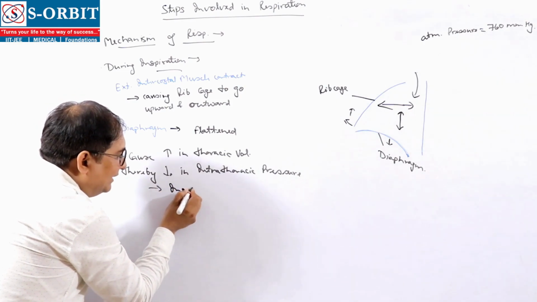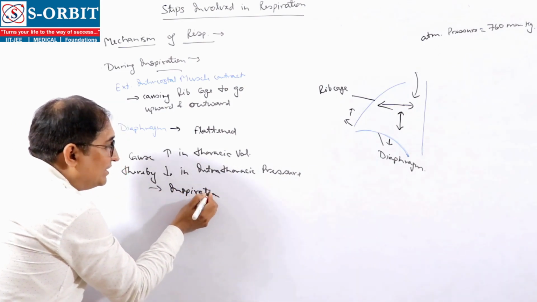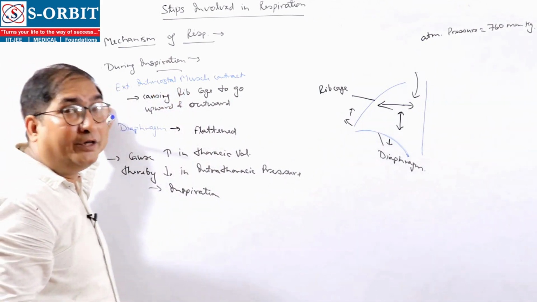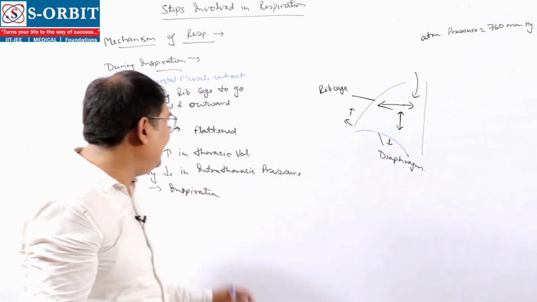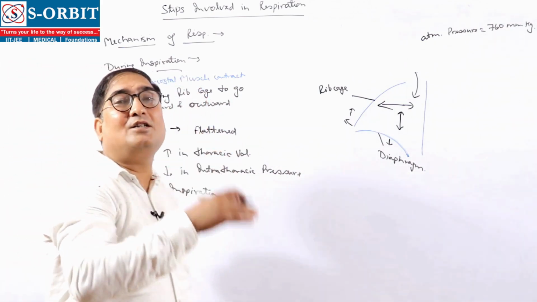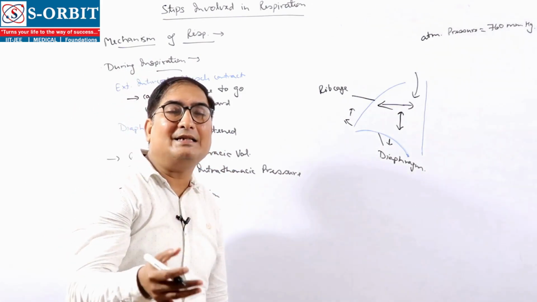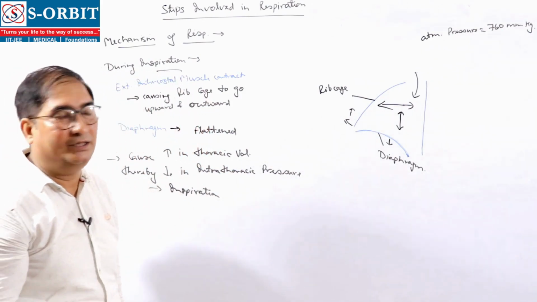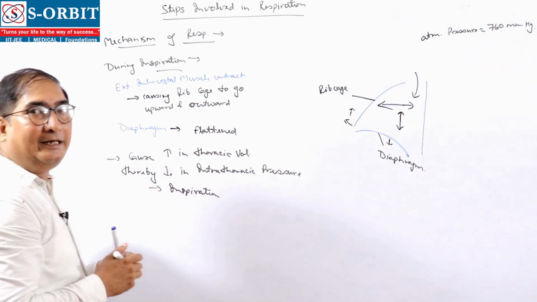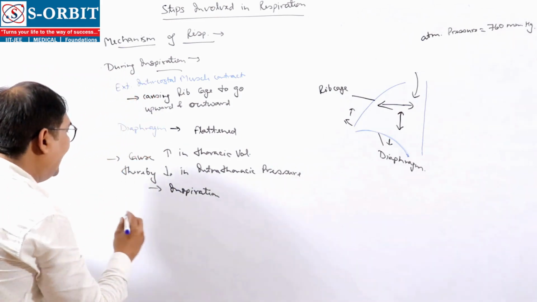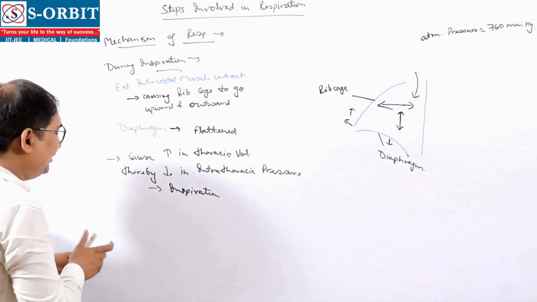It results in inspiration, which is an active process because the contraction of the external intercostal muscles and the contraction of the phrenic muscles of the diaphragm both require metabolic energy. That's why inspiration is an active process. What happens during expiration?